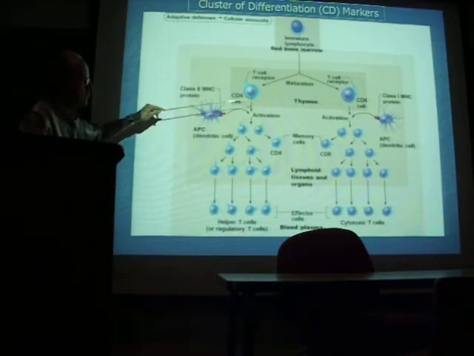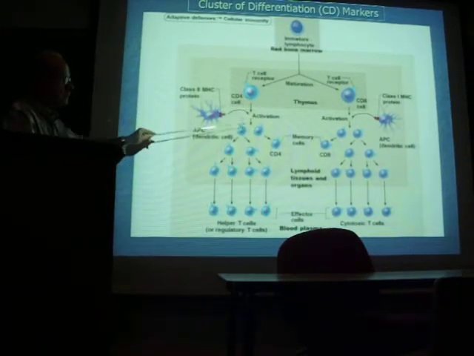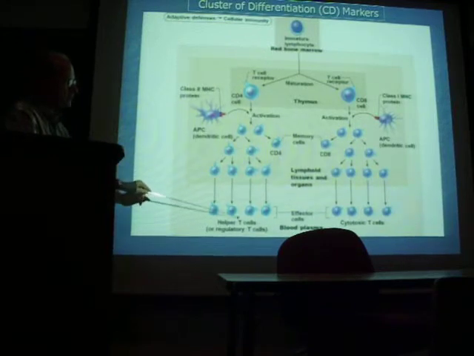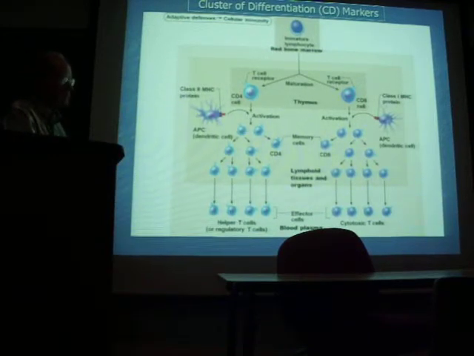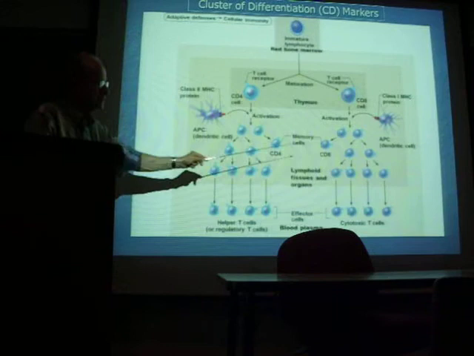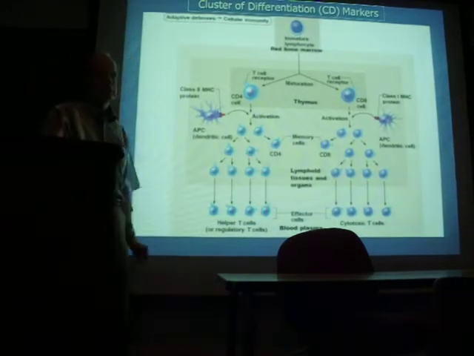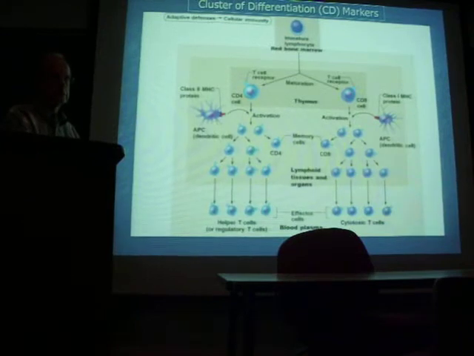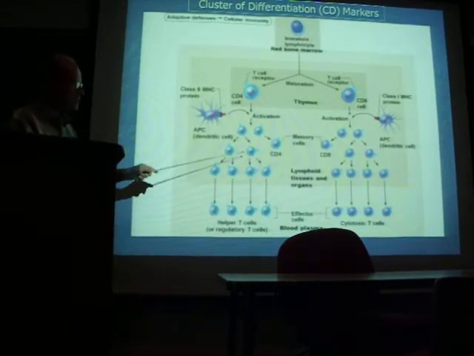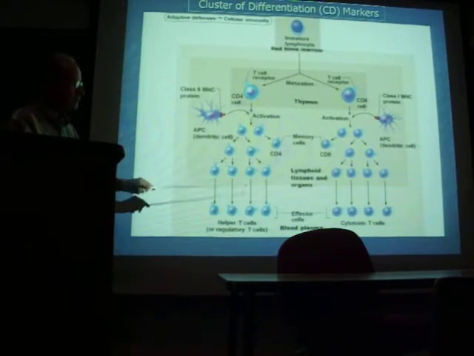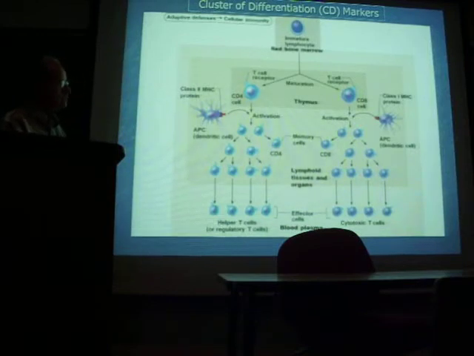While this is happening over here, this is happening over here. We're making helper cells that assist in the activation of cytotoxic T cells, especially if they're met in extracellular fluid.